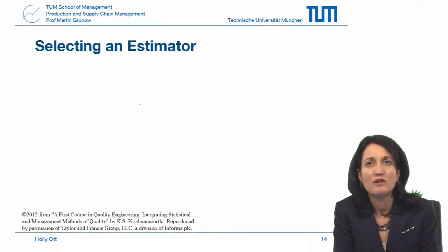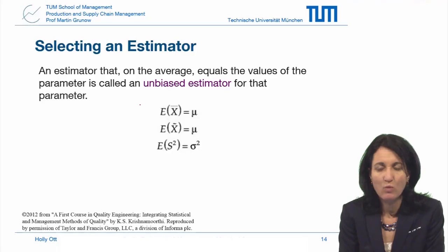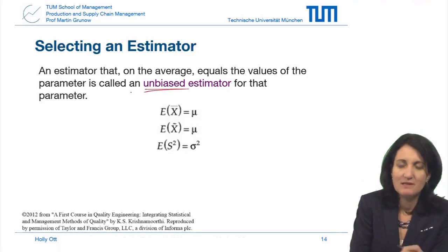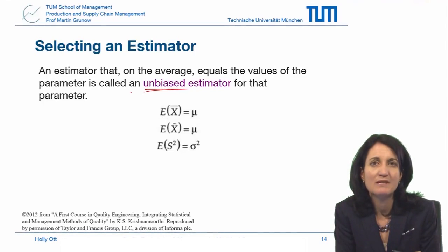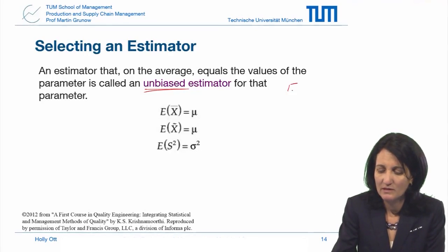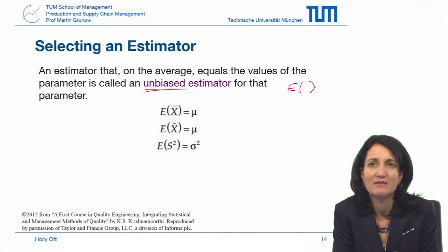But certain criteria are used to select a good estimator from our available candidates. Being unbiased is one of the very desirable properties of an estimator. And an estimator is said to be unbiased if its expected value, which means the average value over many samples, equals the parameter being estimated. And here we're using the notation E with brackets to denote the expected value or the long-run average value of a random variable.